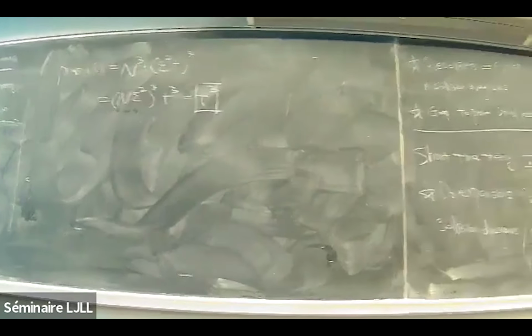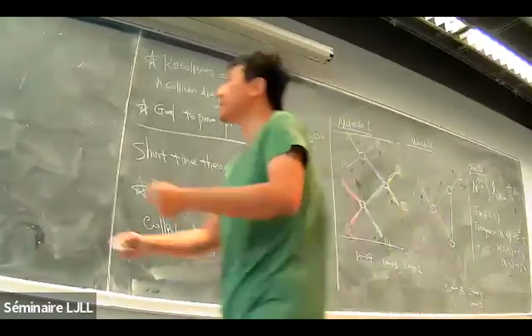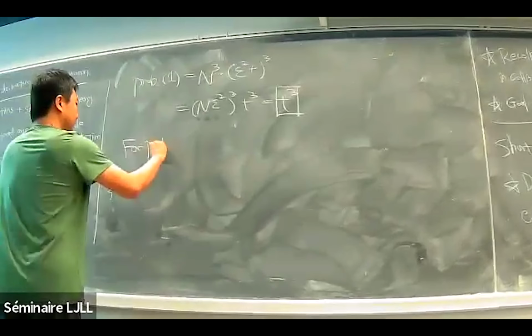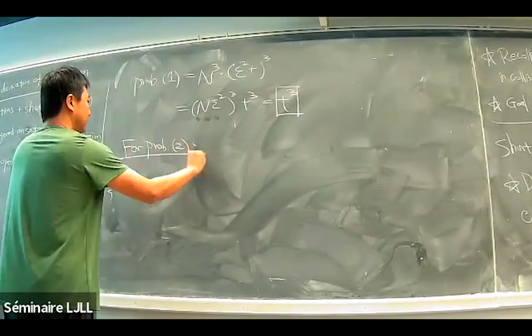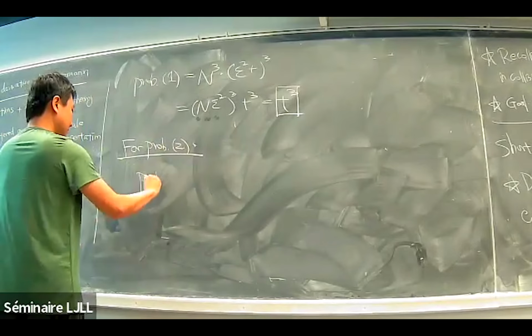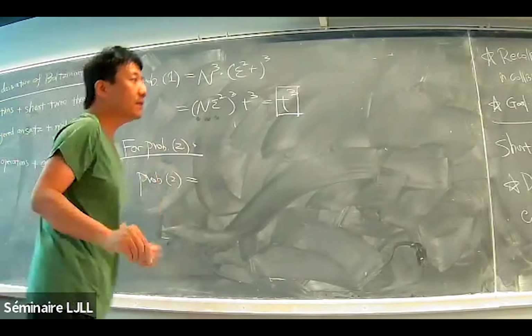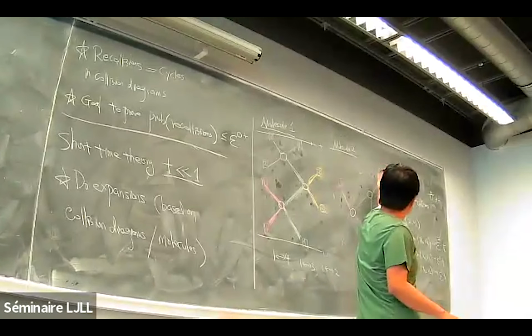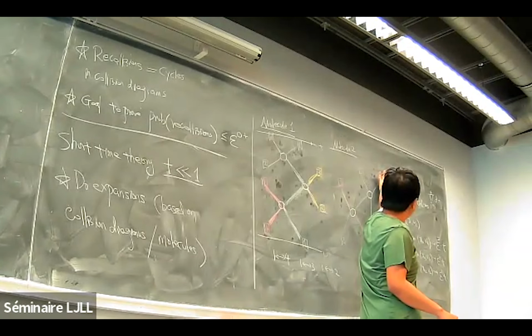Now what happens with the case with recollisions? Again, you have 3 particles. This one is fixed, so this is the particle you are studying in the beginning.